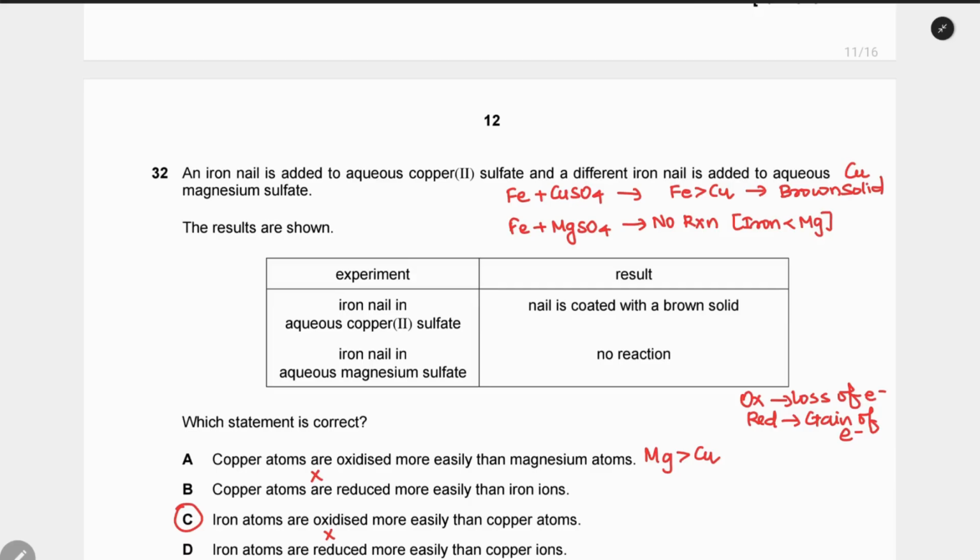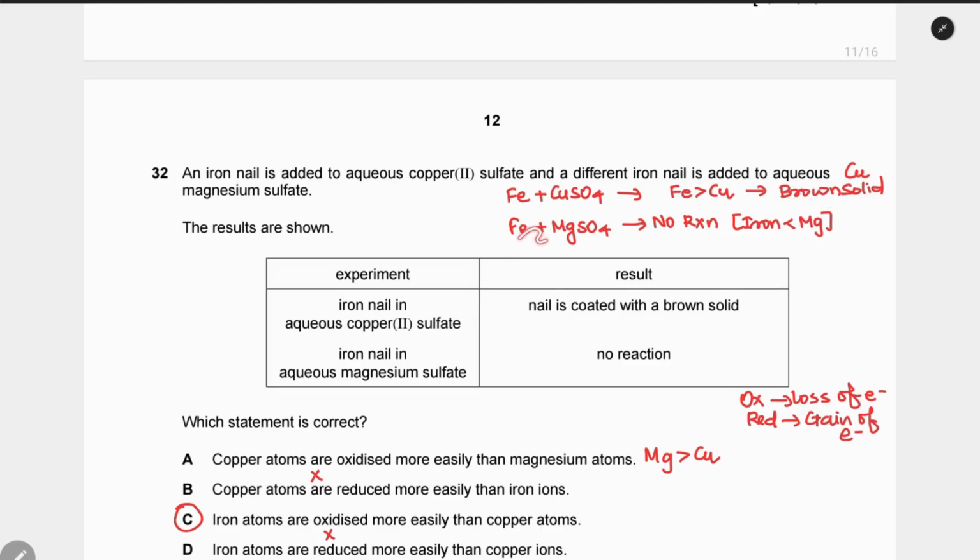Before we go with the options, we must understand what exactly they have given. So iron reacts with copper sulfate as mentioned. As you know, iron is more reactive than copper, so it can displace it easily, which gives us copper as a brown solid.